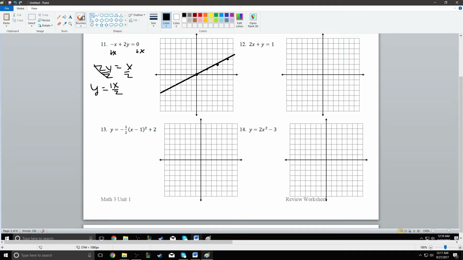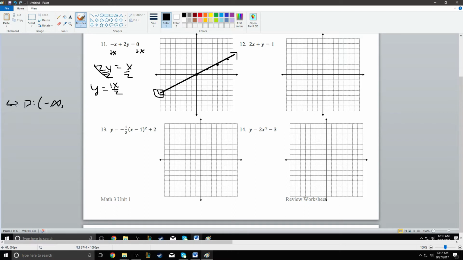Okay, and they go on forever. So that goes on forever, that goes on forever. So when doing domain and range, your domain, okay, domain is always left and right. So the leftmost part of our function is right here, that has an arrow, that means that your lowest part of your domain is negative infinity.